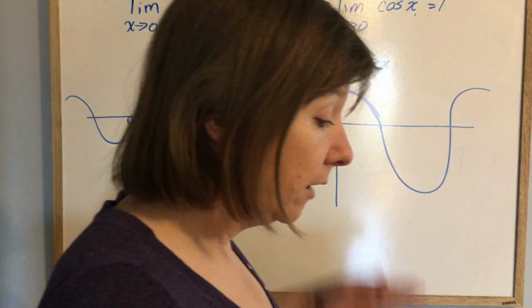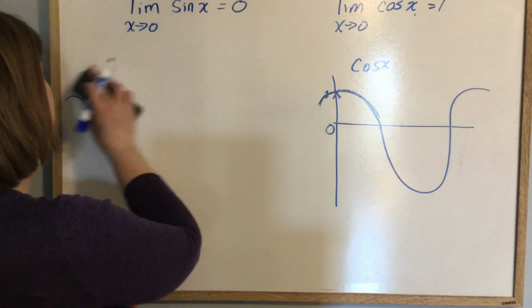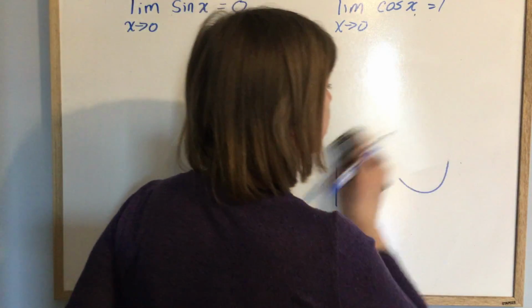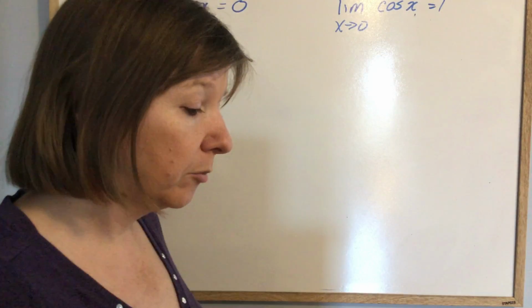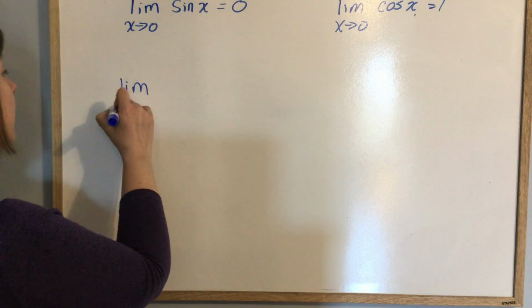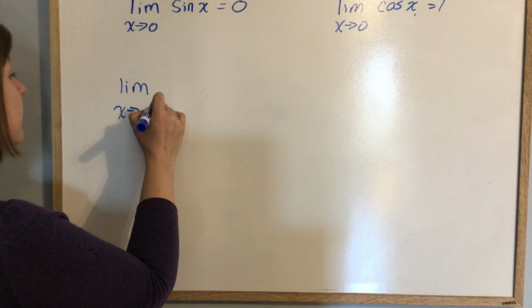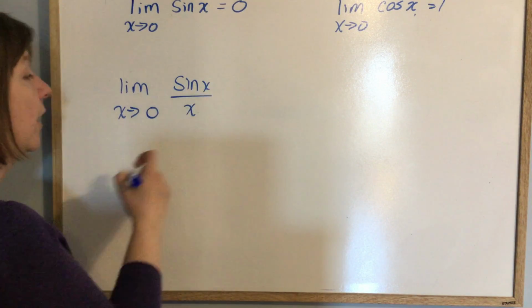Now, there's a couple of other limits that, again, can be proven if you put your calculator in radians, but I'm just going to give them to you. Okay, there is a limit as x approaches 0 for sine x divided by x.